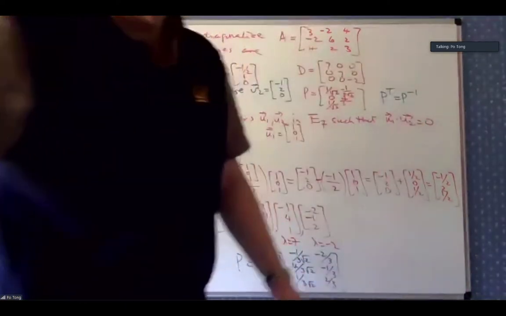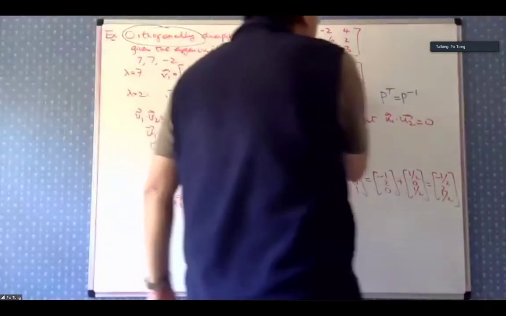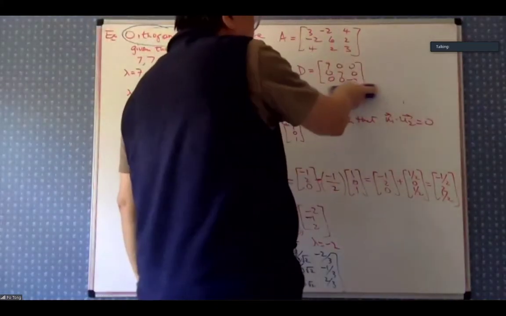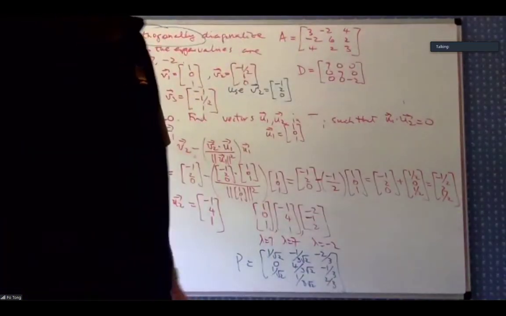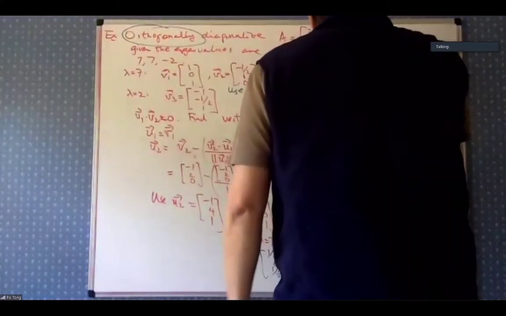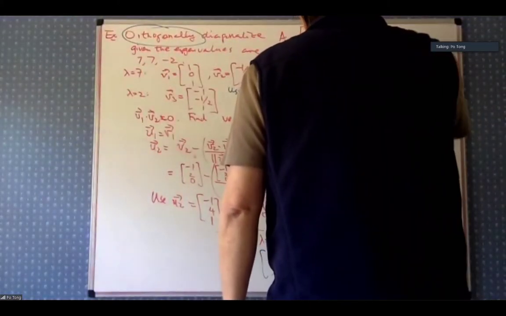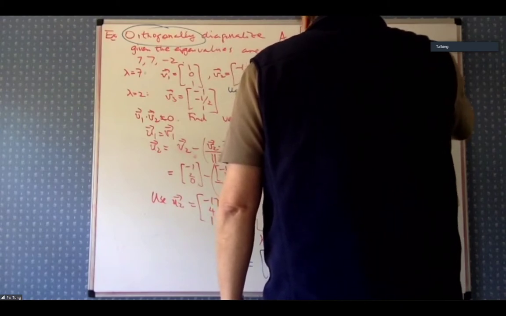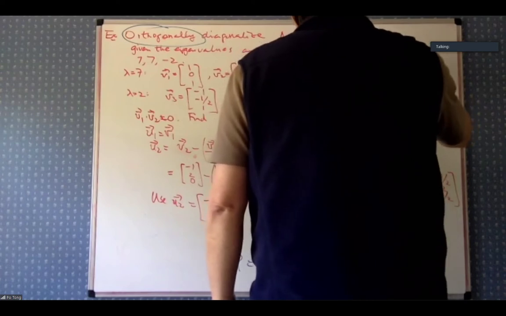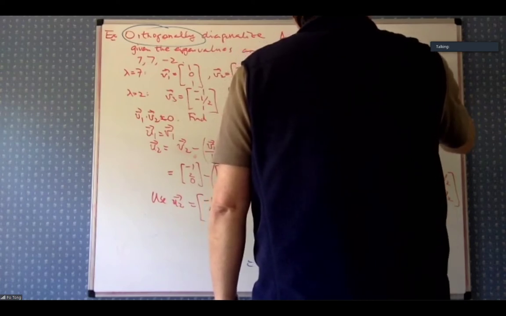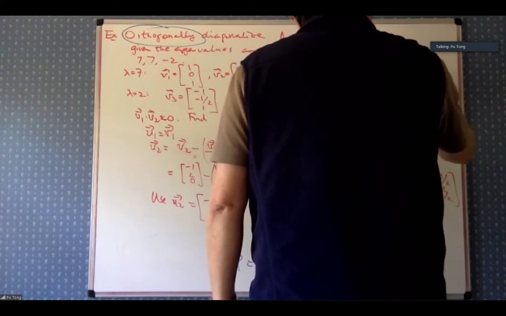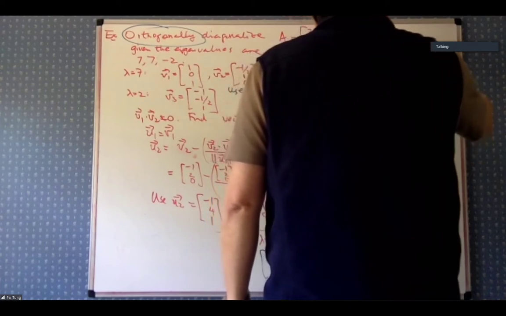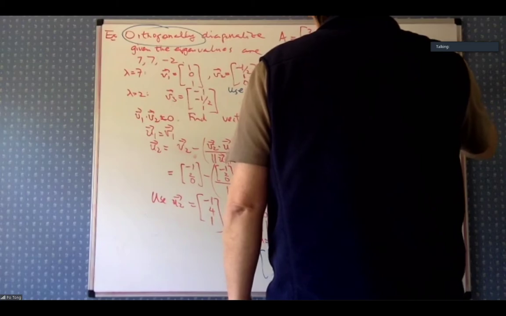I'm running out of space. P is equal to 1 over 2, 0, 1 over 2, minus 1 over 3 over 2, 4 over 3 over 2, 1 over 3 over 2, minus 2 over 3, minus 1 over 3, 2 over 2.